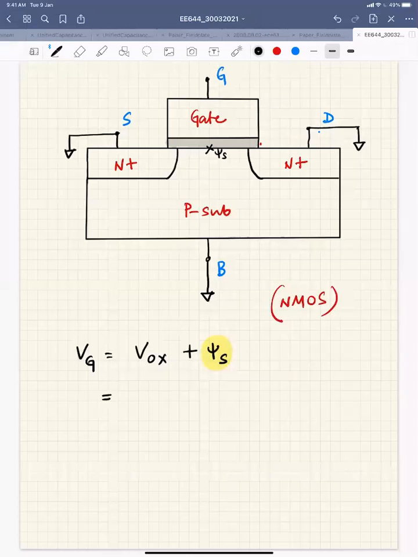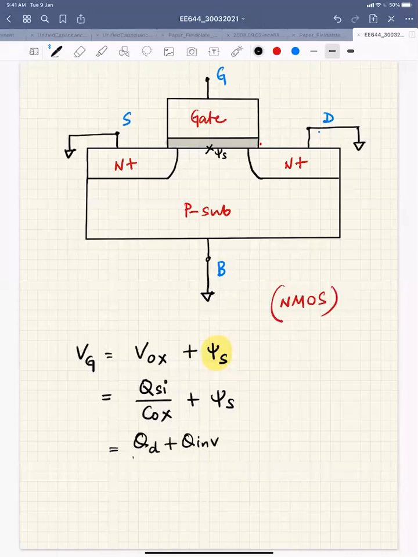We know that Vox, the voltage drop in the oxide, is related to the charge in the silicon. Higher the charge in the silicon, higher will be the voltage drop, right? This charge in the silicon has a depletion charge and also an inversion charge.